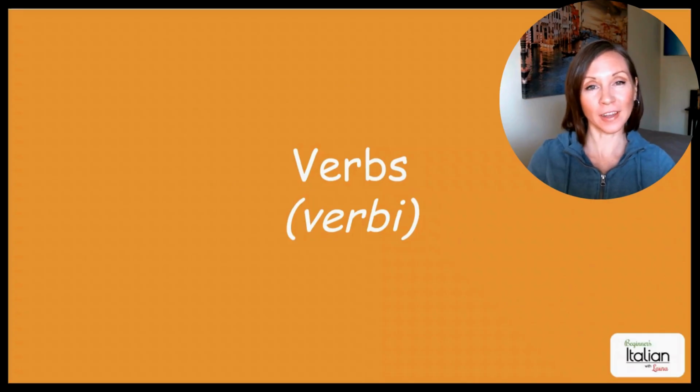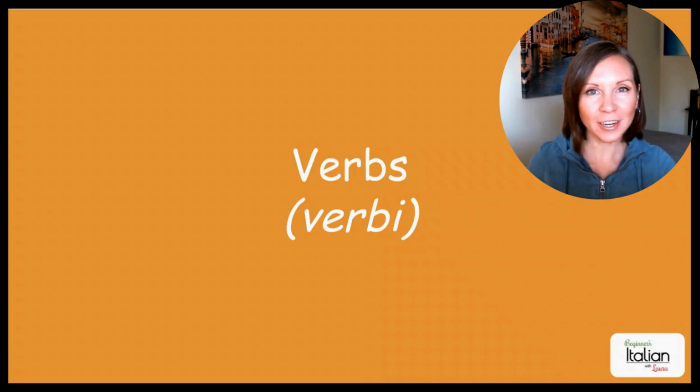Verbs, or verbi. Verbs are probably the most frustrating yet helpful element of Italian grammar. If you're already familiar with Italian, you're probably familiar with conjugating and all the different irregular verbs out there.